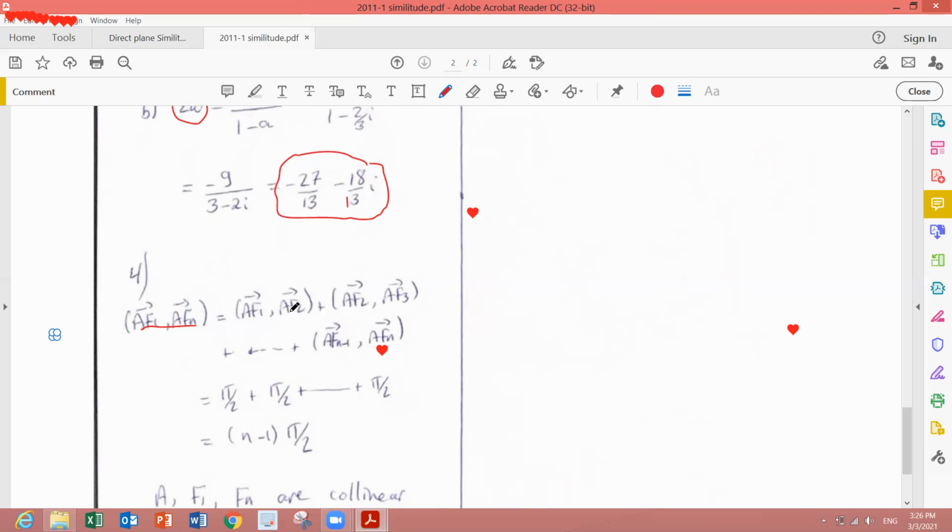Like this AF1, AF2, this AF2, AF3, this AFn minus 1, AFn.